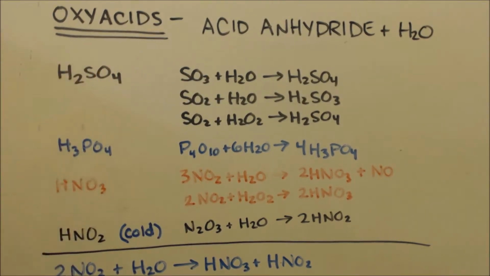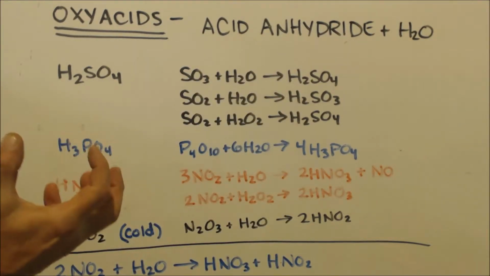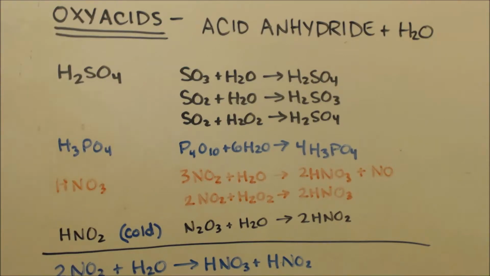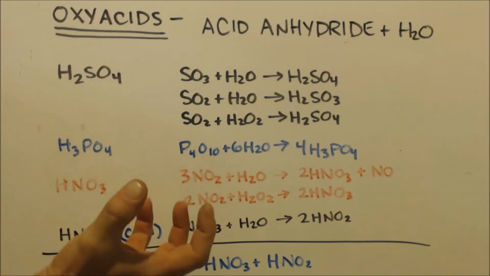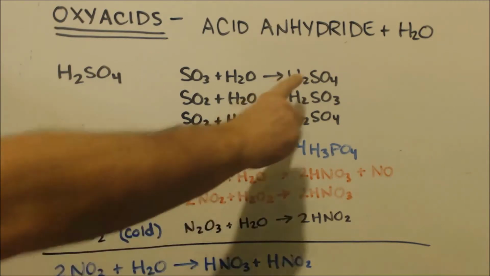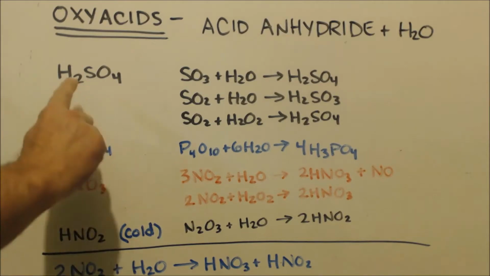You already have concentrated sulfuric acid, and you would bubble the acid anhydride into it. That way you make oleum, and then you would dilute the oleum back down to concentrated sulfuric acid.